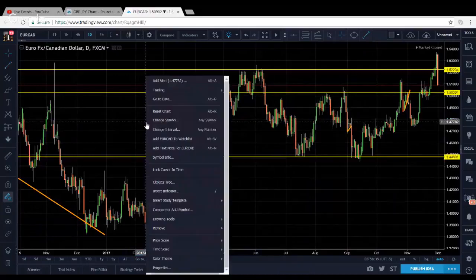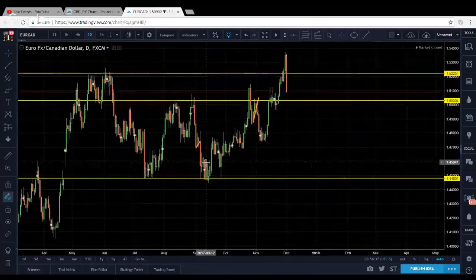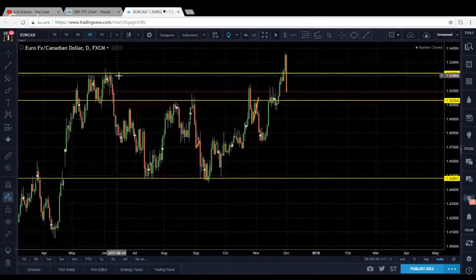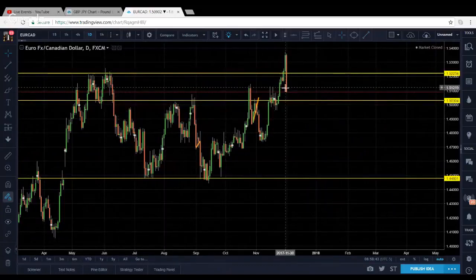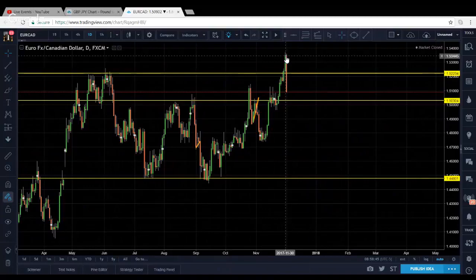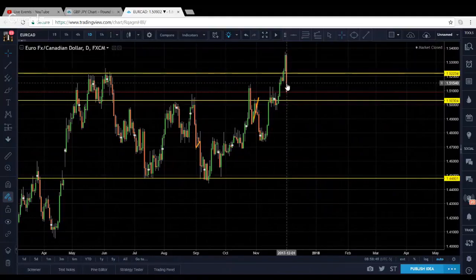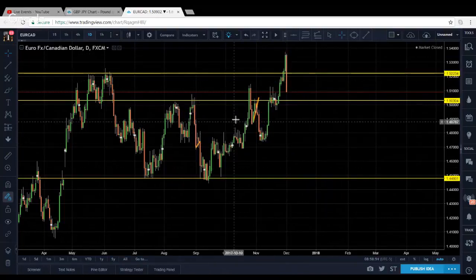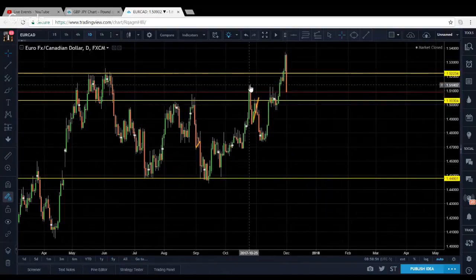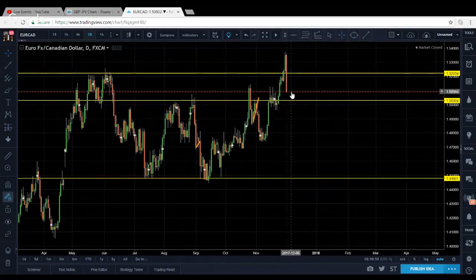And as you can see, we were pretty much at the high of a major supply resistance area. So price broke above it, right? It broke above. But look what happened right before the market closed. A major pullback, a major pullback. Again, price cannot take off in one direction without a corrective move, without a flag move.